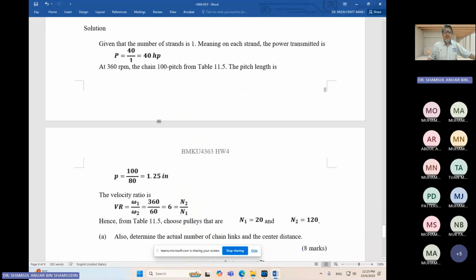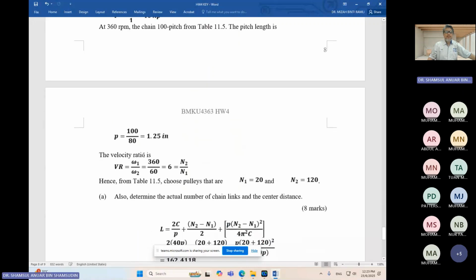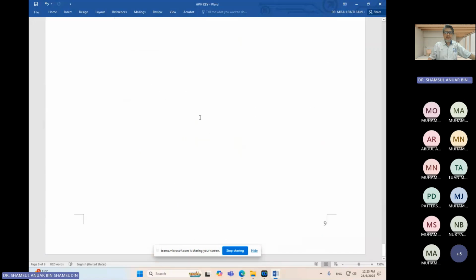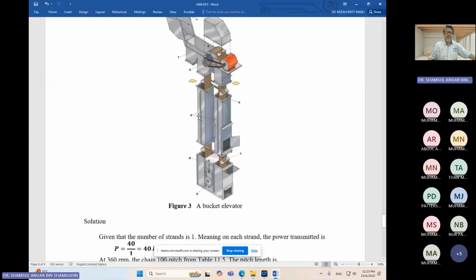Here, given the number of strands is 1, meaning each strand transmits 40 horsepower. So the pitch, 360 RPM, chain number 100. You have to refer to a certain table, but it's not given here.